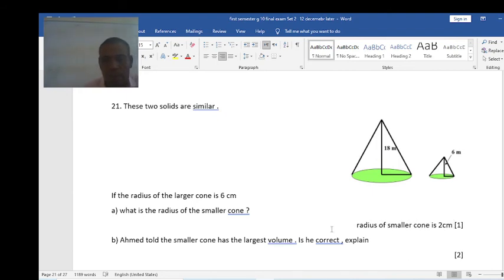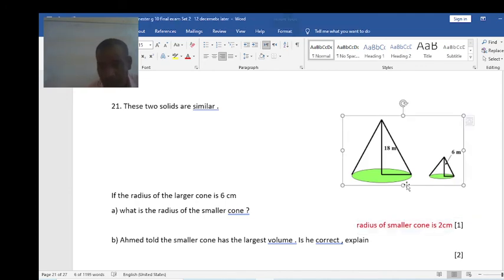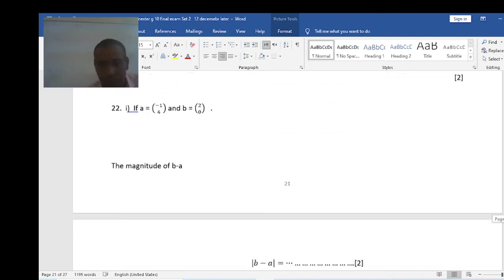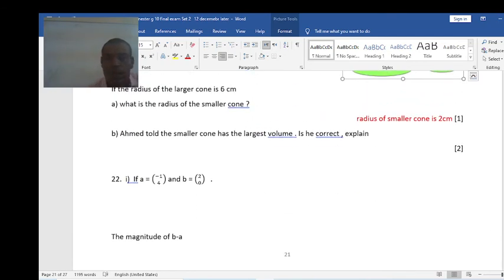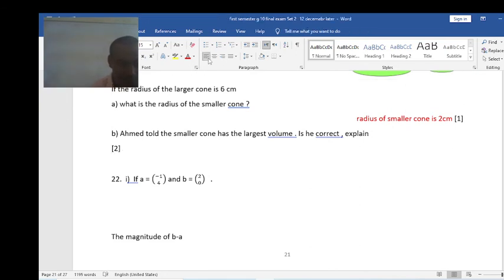Then, explain why Ahmed said the cone is correct. No, it's not correct. The answer is no.